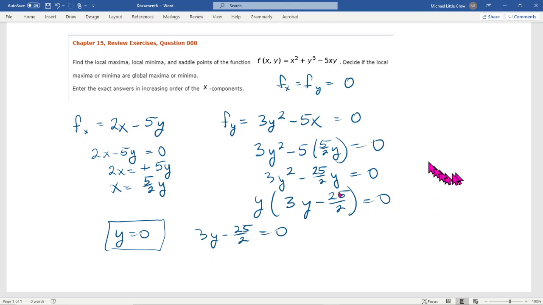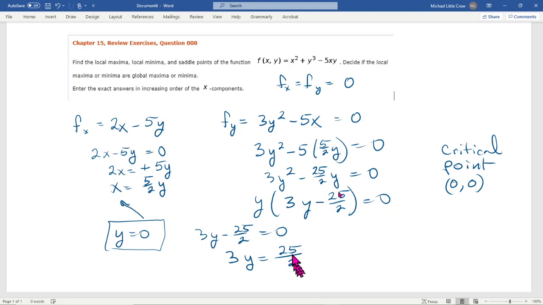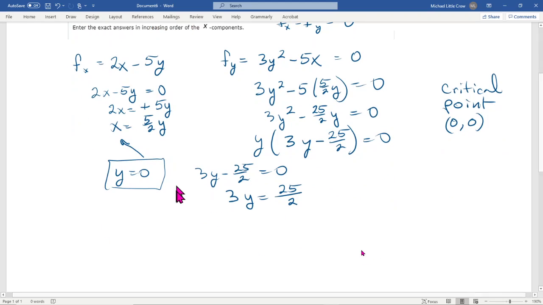So that gives us one critical point. If y is 0, then x is 0. So we've got (0, 0) as one critical point, and then we should get the other critical point from here. We add 25 halves to both sides, so that gives us 3y equals 25 halves. Divide both sides by 3, or multiply both sides by 1/3, right?